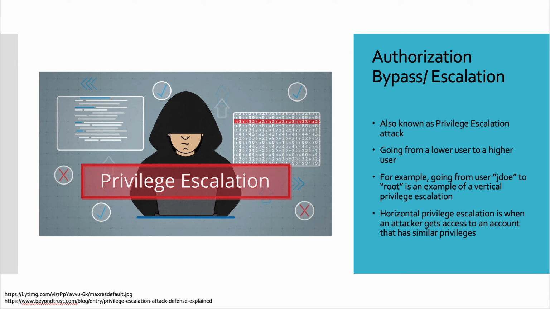Commonly within a scenario, you would see a hacker try to go from, let's say, user JDoe, who's an employee, up to root, going from that lower level user to that higher level user. But there's another type called horizontal privilege escalation, and that would be going from, let's say, JDoe to BSmith, so someone of the same or similar privileges.